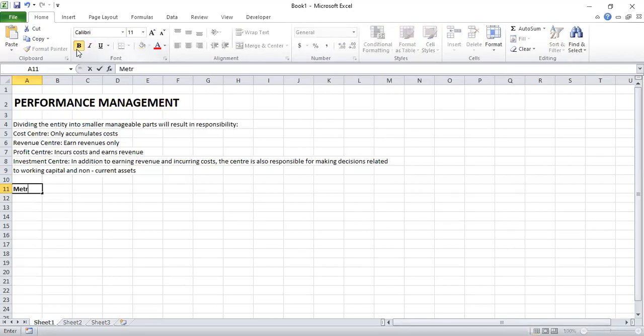So, metrics that can be used to evaluate performance of divisions. Normally we just call them divisions in this module, but they can be called departments or whatever it is. It's one and the same thing. Right. We can determine what is called a controllable profit.